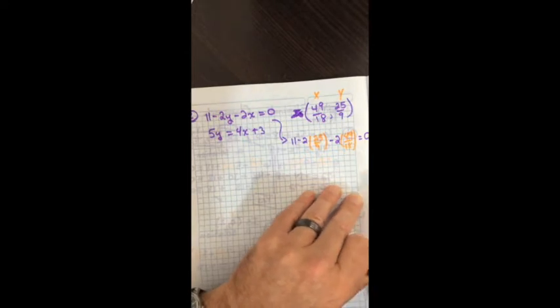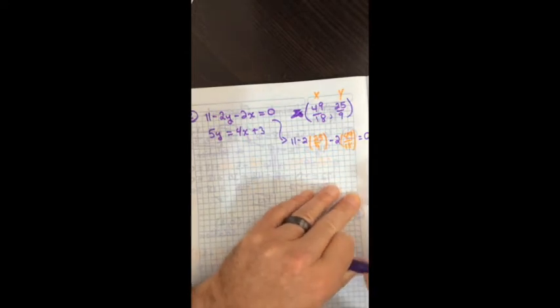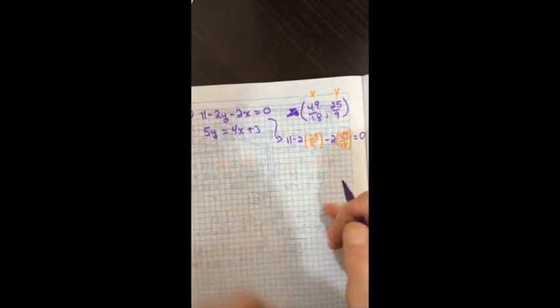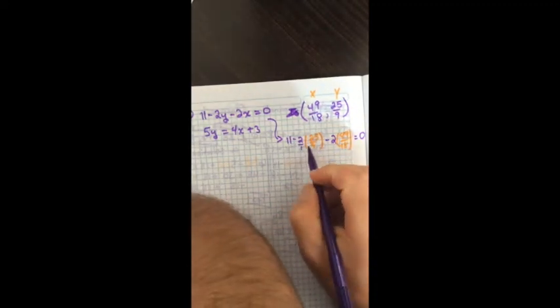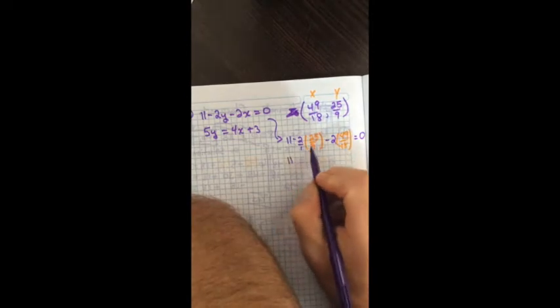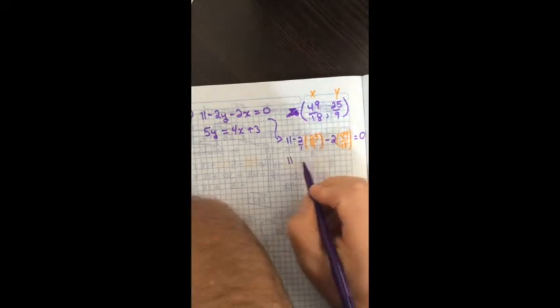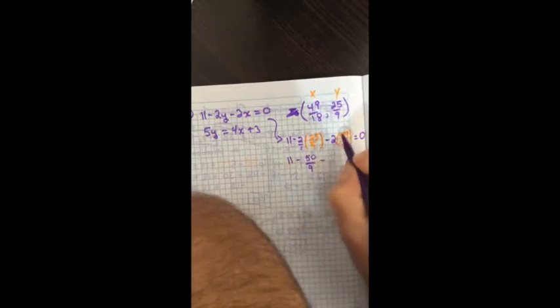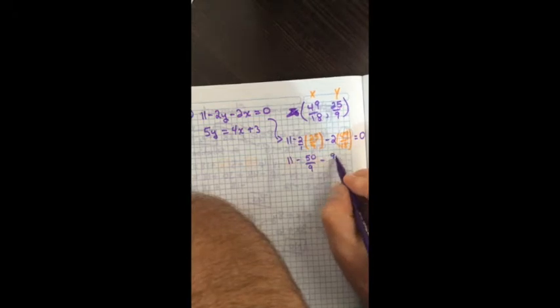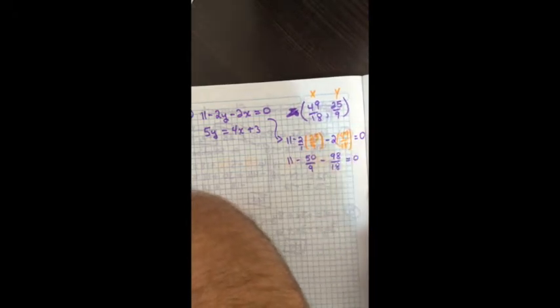Now, I sure would hope that there would be some kind of way to make these fractions go away, but remember there always are. I actually think I'll multiply it together at the beginning because that's not very hard. We have 11. This is just multiply the tops, so that's 50. 1 times 9 is 9, so that's really 50 over 9. And this is 2 times 49, so that's 98 over 18 equals 0.